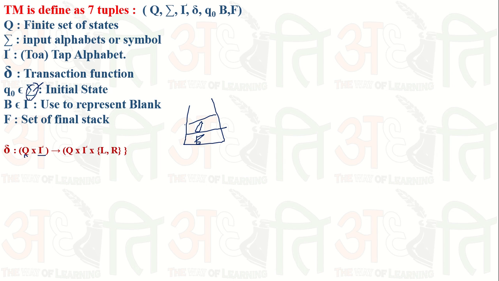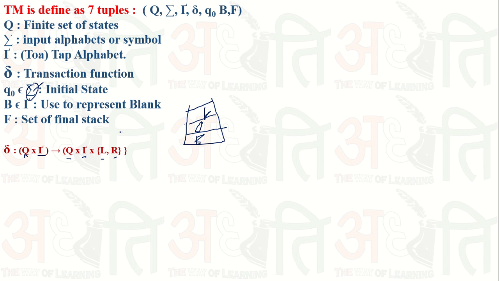The tape contains two things, as we already read: it may contain the input string, or it can contain the blank symbol. So Q is the current state. Suppose we are at a current state and there is an input on the tape. Then we move to the next state, we also write a new symbol on the tape, and we move either left or right. So it is the transition function for a Turing machine.